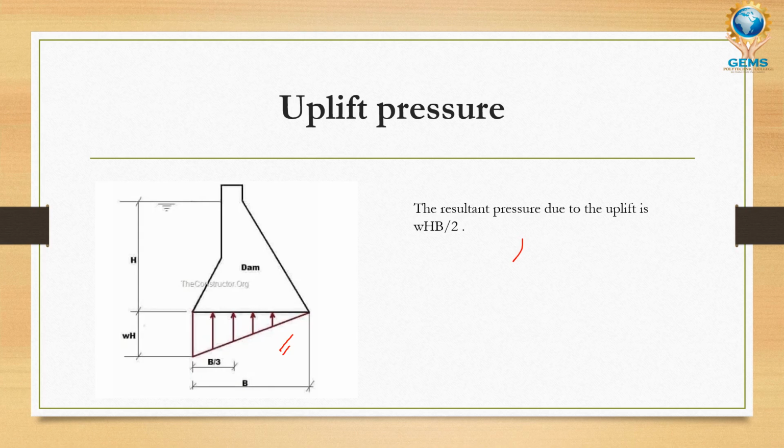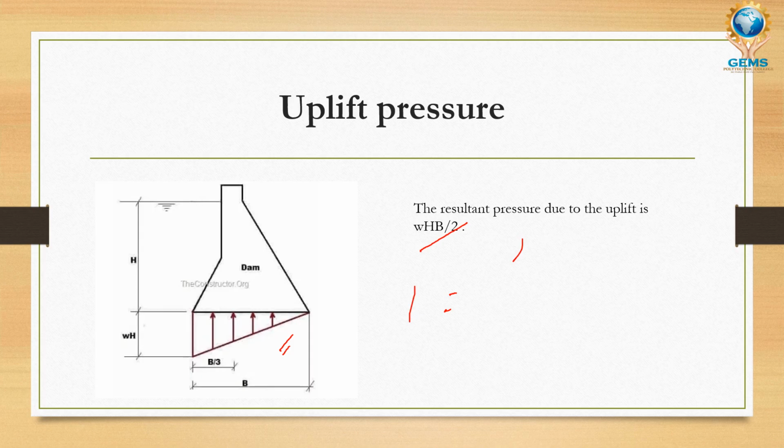You can see the pressure is acting towards the dam in a vertical manner. You can see the arrows are vertical, and the resultant pressure developed due to the uplift pressure is W into HB by 2, which is the area of the triangle.